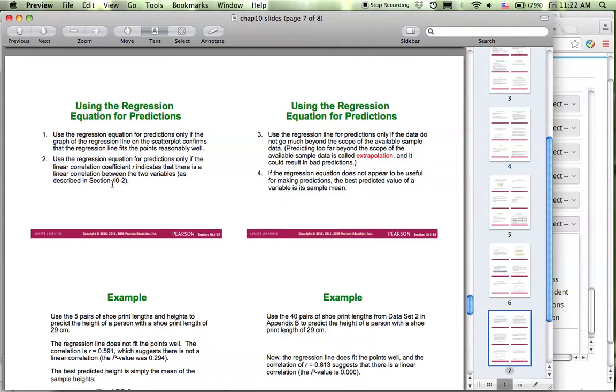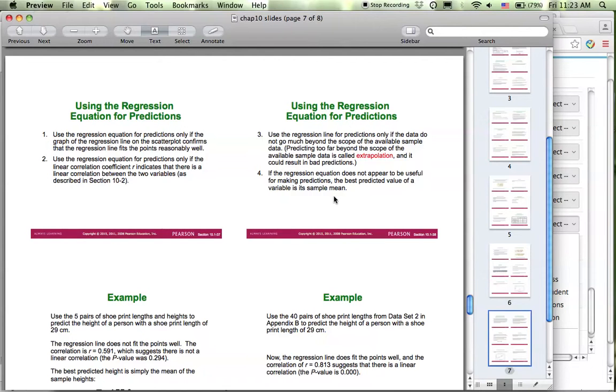So first, you have to make sure the two variables are linearly correlated based on the value of little r. If they are linearly correlated, then you can use the regression line for prediction. Otherwise, you go to number 4. Otherwise, the best predicted value is the sample mean. So that is y bar.